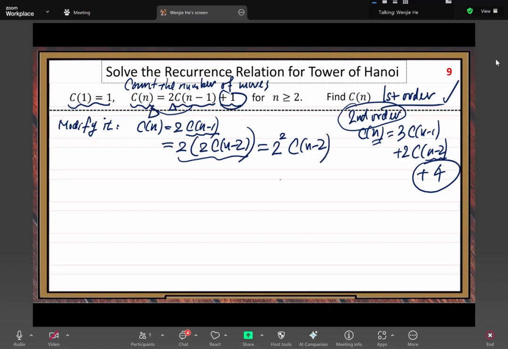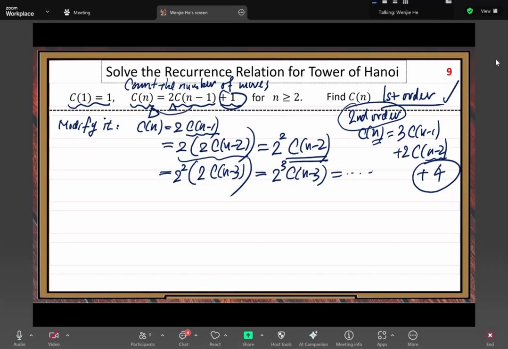Then can you do another recursion on the C of n minus 2? Another round of recursion call. So you can write 2 squared times another 2 times C of n minus 3, by the recursive formula. Then you get 2 cubed times C of n minus 3. That should be enough.